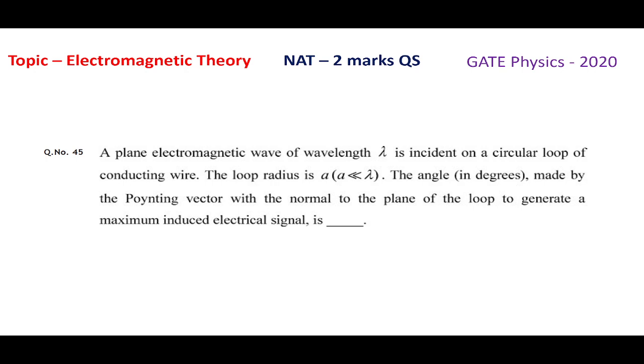That will give the total magnetic flux through the circular loop. Here the loop size is not changing, so the area is not changing, but your magnetic field is varying with time because it's a plane electromagnetic wave. So the time variation of magnetic field will give the time varying flux. So when your flux is maximum, then your EMF will be maximum, right?